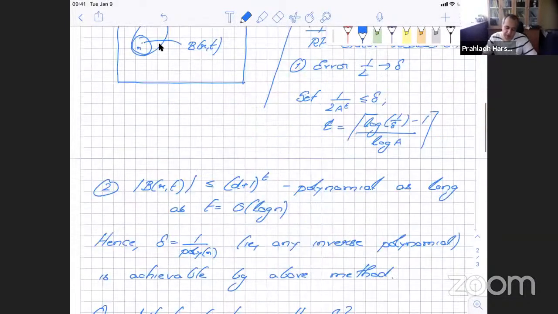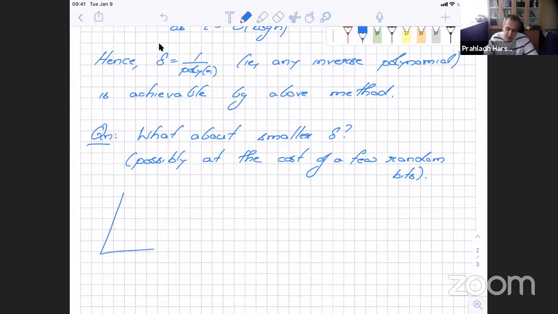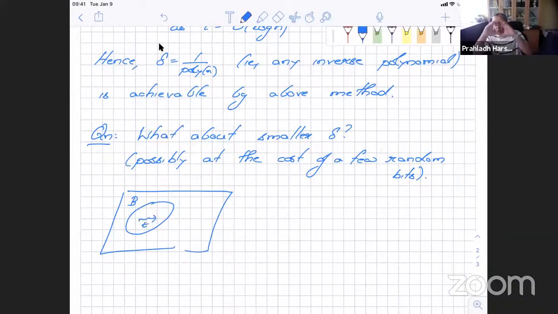What we will do is, previously, what did we do? Once again, we had this picture. There was this bad set B. And we took a ball of radius t. Instead of taking a ball of radius t, we will take a walk of radius t and just do the thing. Instead of on the entire ball, we will just take a walk and run the algorithm on all vertices along the walk.